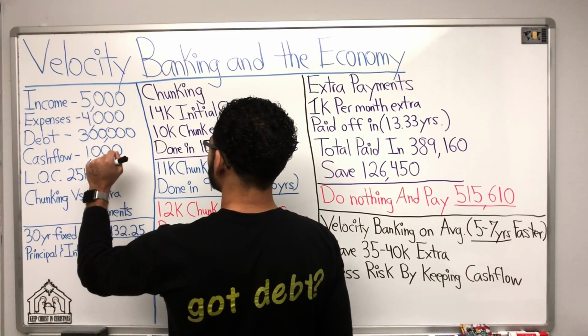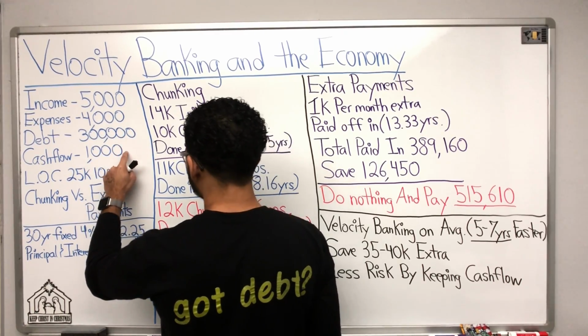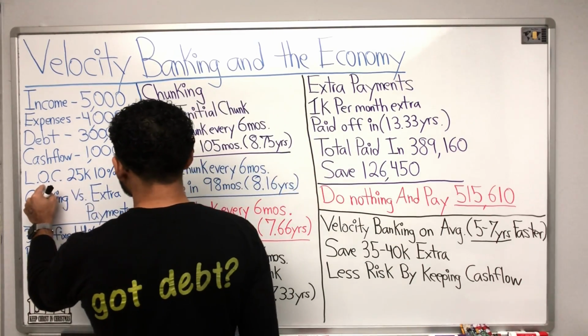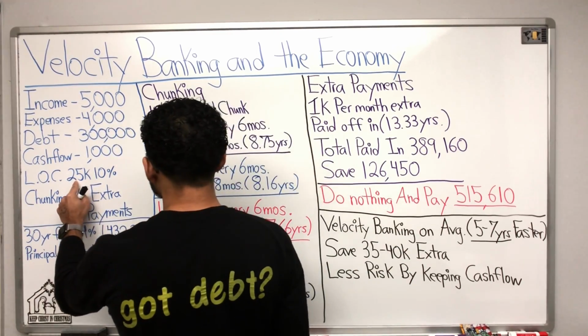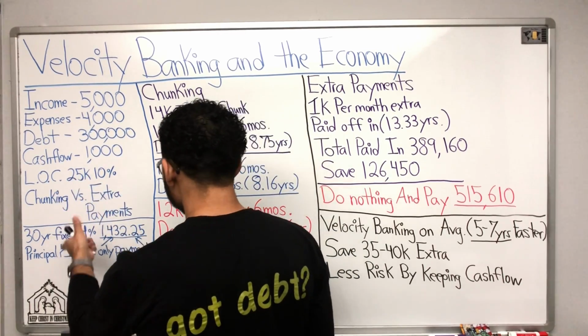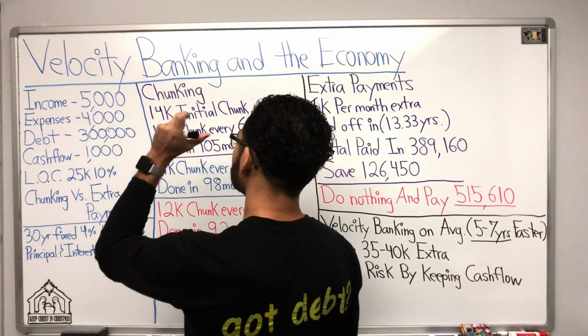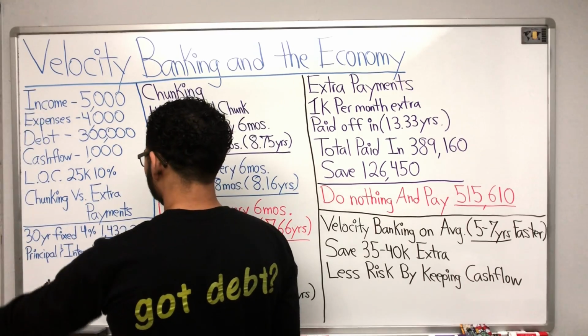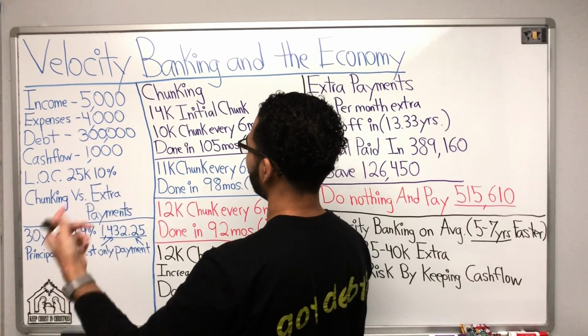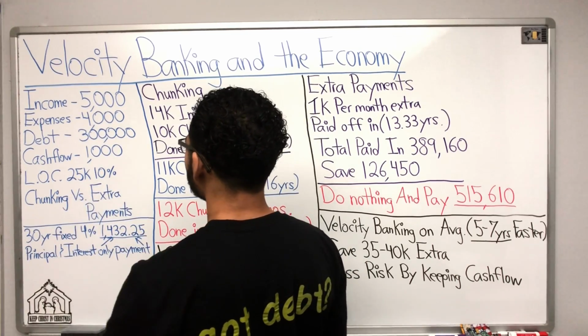Here we have the debt, and then our cash flow is $1,000. Okay? Now here is a line of credit for $25,000 at 10%. We are going to discuss whether it is not only better, but to also answer the question at the same time, what is the difference between simple and amortized?